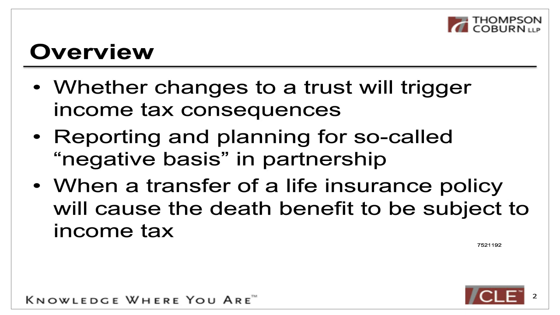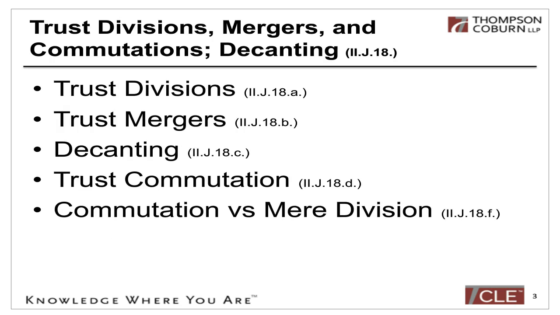Next slide. So regarding sales of interest in trust. There's all kinds of things that you can do with trusts. You can divide trusts, you can merge them. A decanting is when you take assets from one trust and pour them into another.